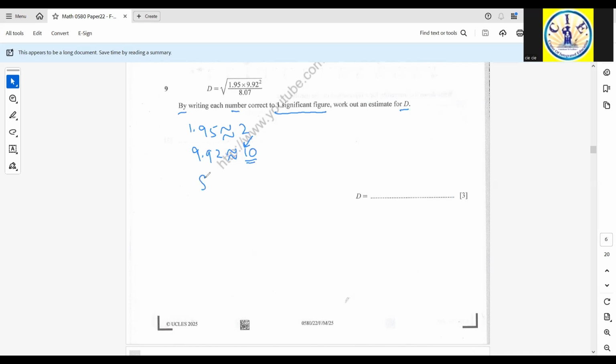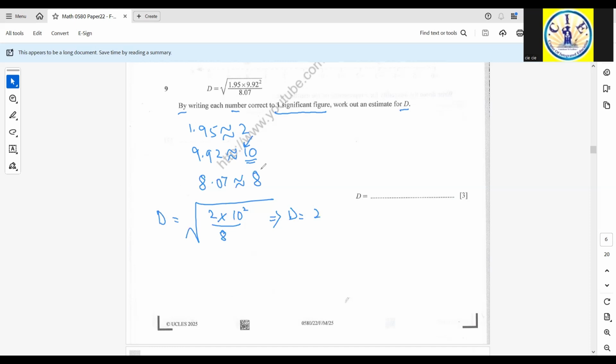Then 8.07, we can approximate it to 8. So finally, D can be written as square root of 2 times 10 squared divided by 8.